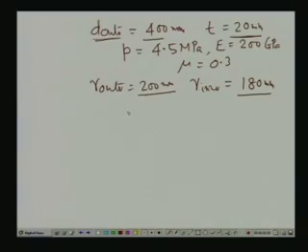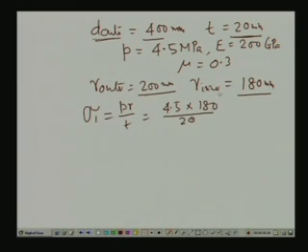For the cylindrical one, sigma 1 is equal to PR by T, which is 4.5 into R is 180 divided by T is 20. This gives us a value of 40.5 MPa. Now, the value of sigma 2, which is half of sigma 1, is thereby 20.25 MPa.